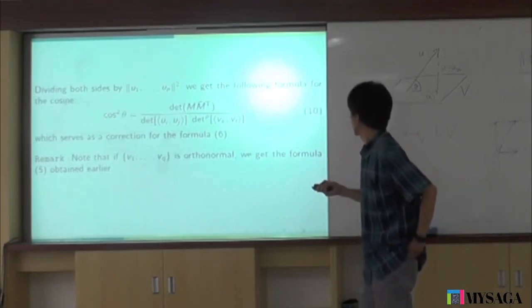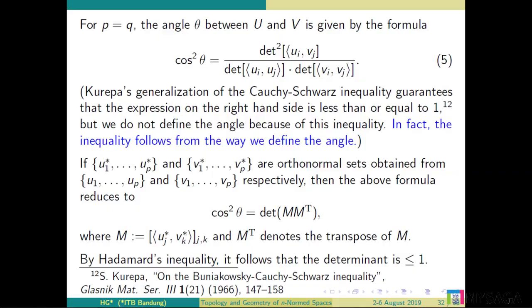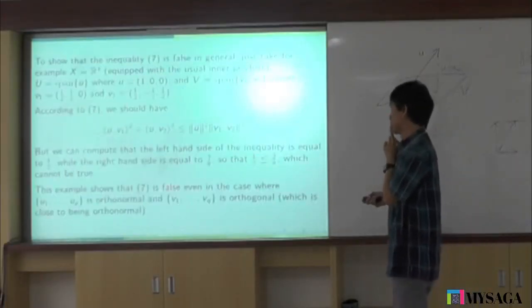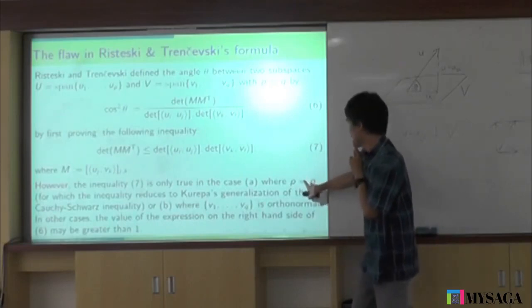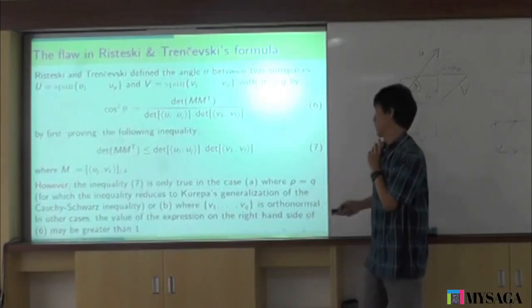I don't remember which formula that was. Okay, that one. Just note that the Mitkowski and Tensorflow formula is correct in two cases: when P is equal to Q, or when V1 up to VQ is orthonormal.